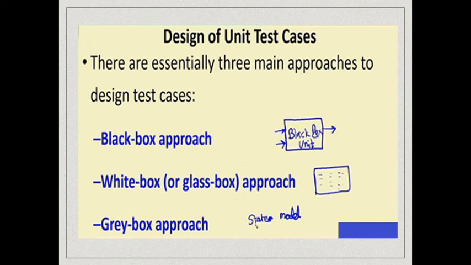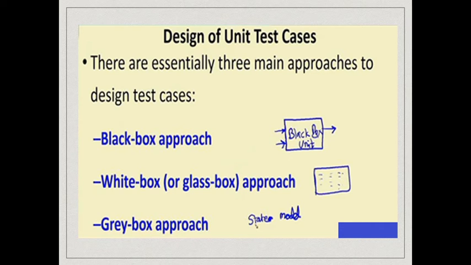On the other hand, in the gray box approach, we have something in between a black and white box. We use the design of the unit, maybe a class diagram, maybe a state model, or maybe a correlation between modules and so on. So these are the design models which are intermediate between a black box and white box.